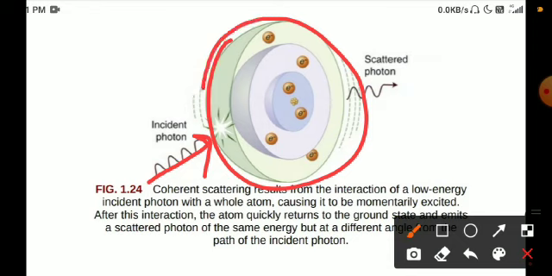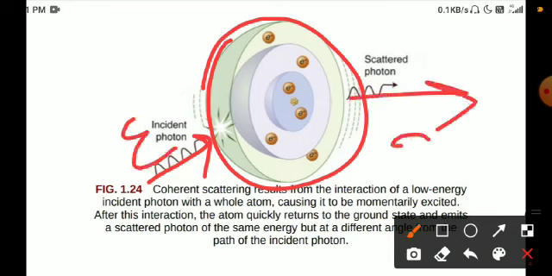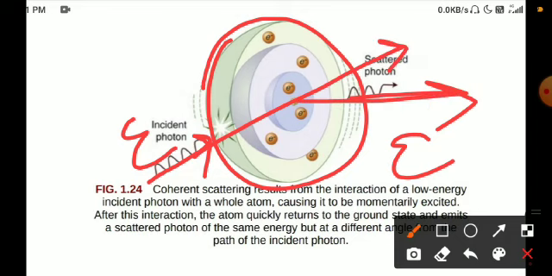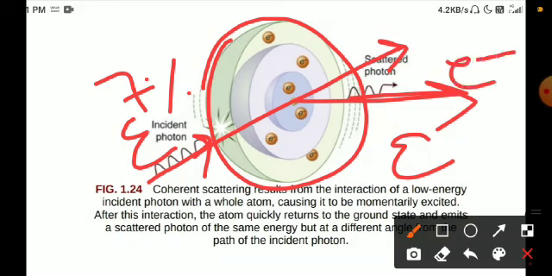When the atom is momentarily excited, it quickly returns to the ground state and emits a scattered photon of the same energy but at a different angle from the initial direction. You have to remember that only 7% of the scattering is of the coherent type, and a photon of the same energy is released but no electron is ejected out.